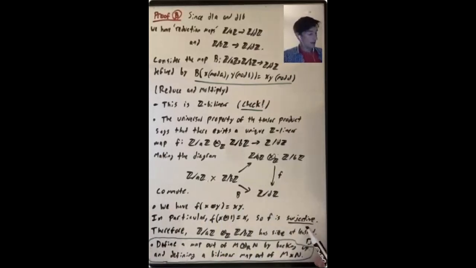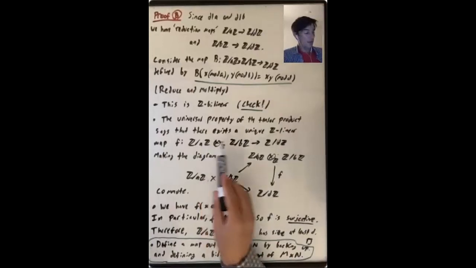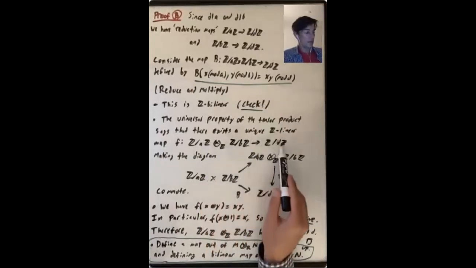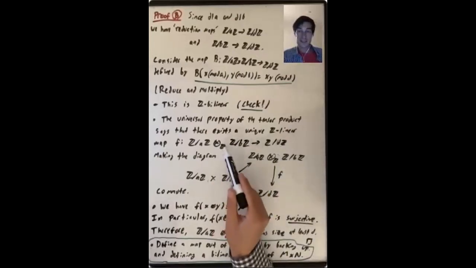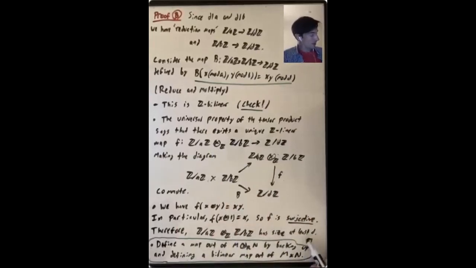And once we know that there's a surjective map from this tensor product to Z mod DZ, that means that there's at least D elements in this tensor product. So this tensor product has size at least D, and we're done because we already showed that the tensor product is a cyclic group and that its order has size dividing D.